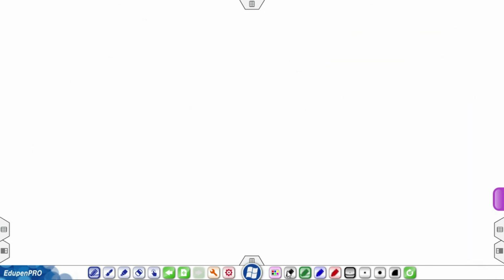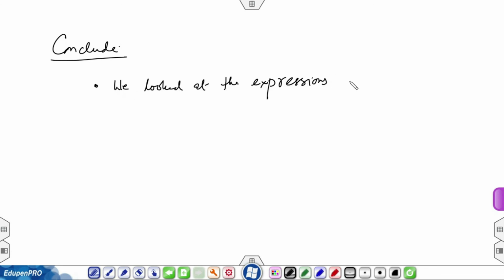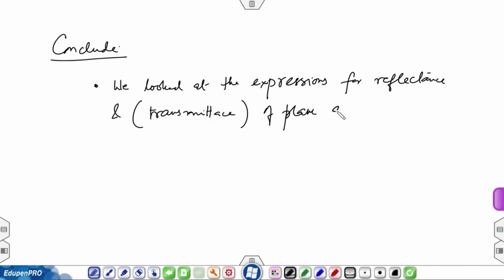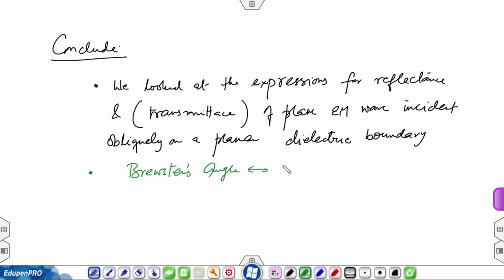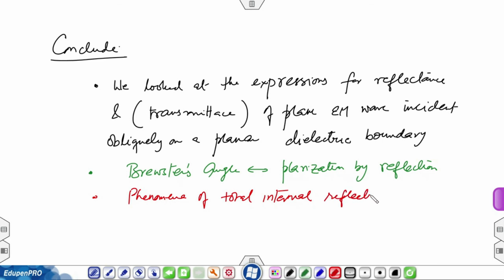So, let me conclude this lecture by saying that we discussed reflectance and, in brackets, transmittance of a plane EM wave incident obliquely on a planar dielectric boundary, and we discussed Brewster's angle, and this leads to polarization by reflection, and we also discussed the phenomenon of total internal reflection, and this is related to waves, and therefore this is also related to tunneling in quantum mechanics.